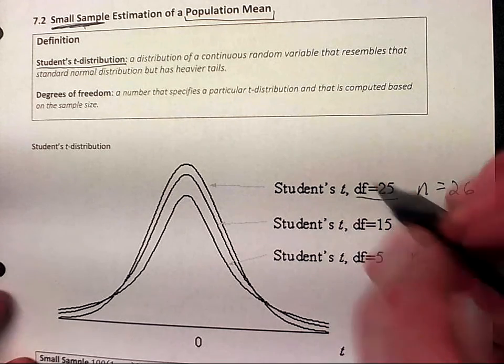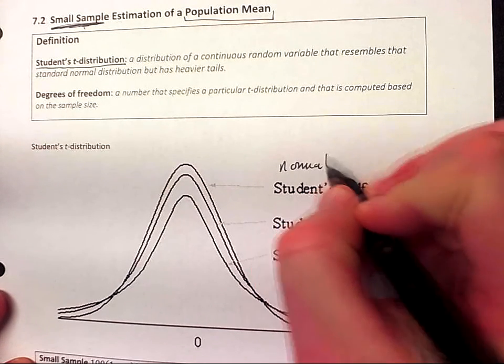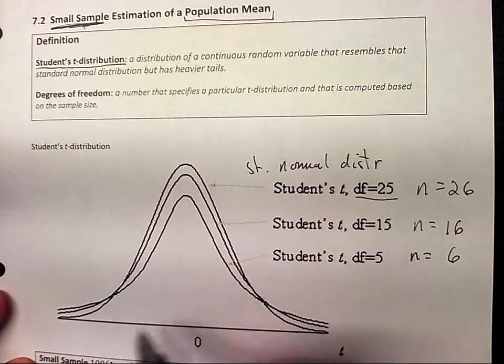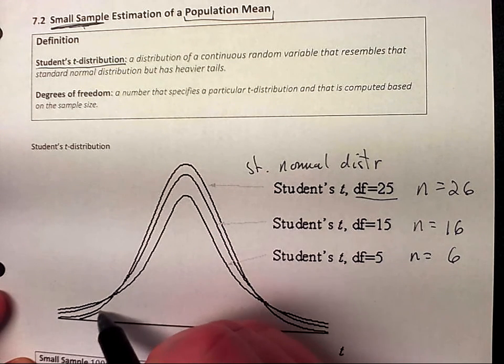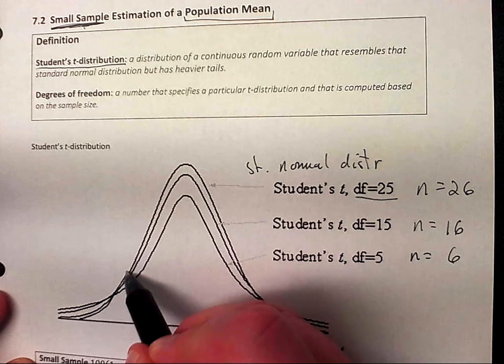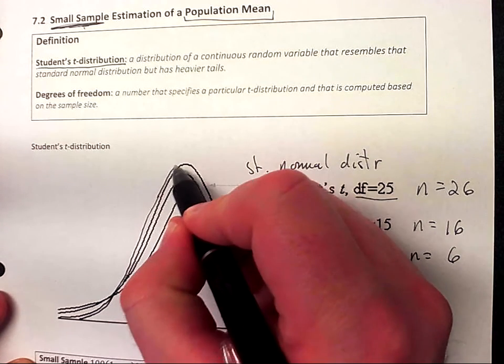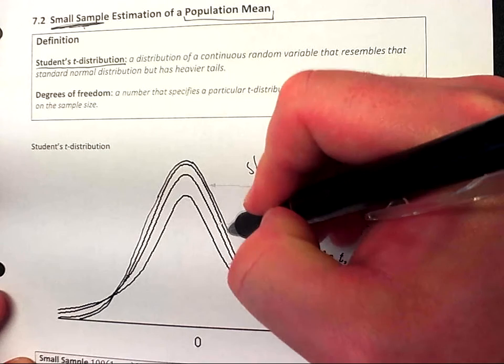So if you wanted to extend this graph and include the normal distribution, technically speaking, it would be the standard normal distribution. But what we're essentially going to get is something that's really, really close to this last graph. It has a little bit thinner tails, and it's just slightly above here.